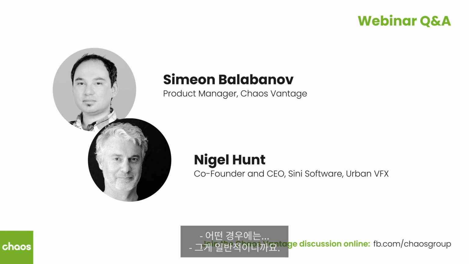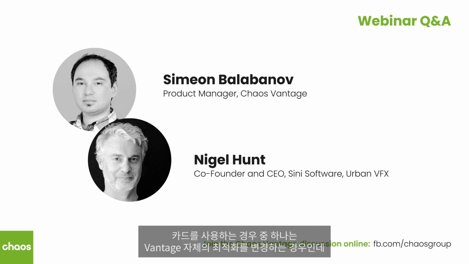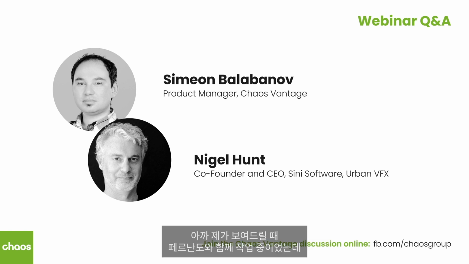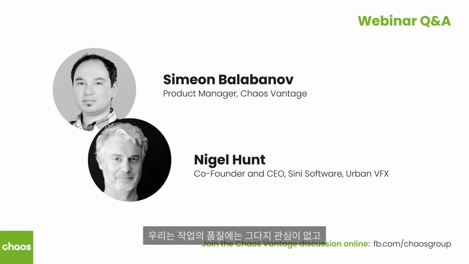This is general. One of the things that we find is if you just change the optimization in Vantage itself. When I was showing you, I was collaborating with Fernando. He likes to drop the screen size to quite small because we're not really interested in the quality of the work.